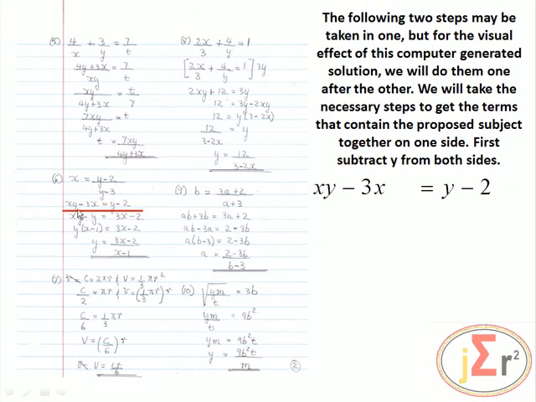So what we intend to do from here on, which is to get to this step, is use those terms that contain the proposed subject and let them be on one side and the others on the other side. And we will take a look at those.